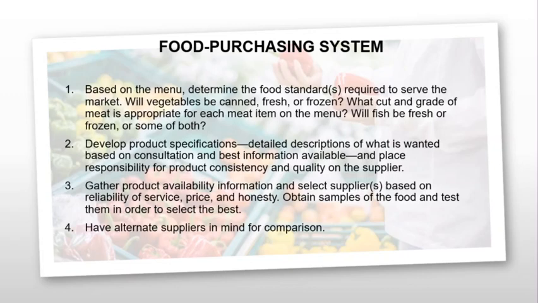Okay, ni contoh daging: what cut and grade of meat is appropriate for each meat item on the menu. Contoh, kalau you buat steak, you kena tengok daging yang macam mana, bahagian daging macam mana dan potongan yang macam mana. Let's say kalau nak buat steak, mestilah kita nak daging yang bahagian besar.